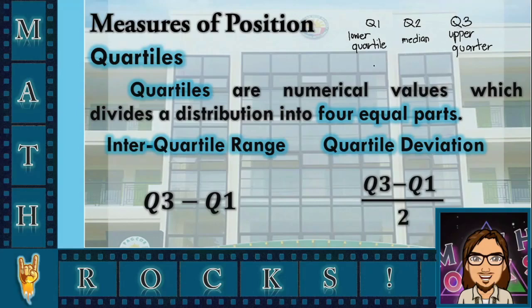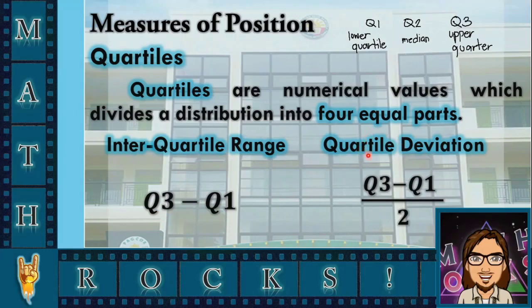With that, we also have to consider other terminologies such as the interquartile range, having a formula of the upper quartile minus the lower quartile, or simply Q3 minus Q1.